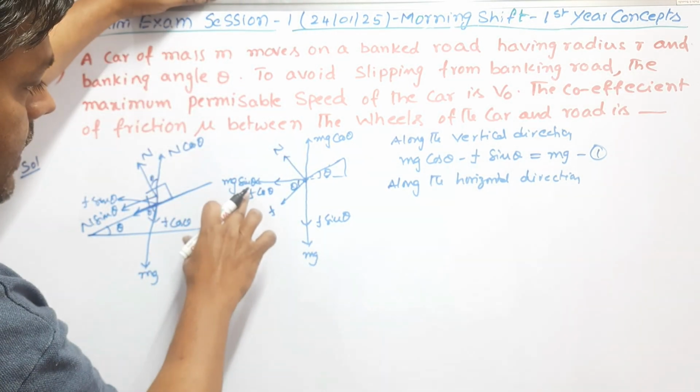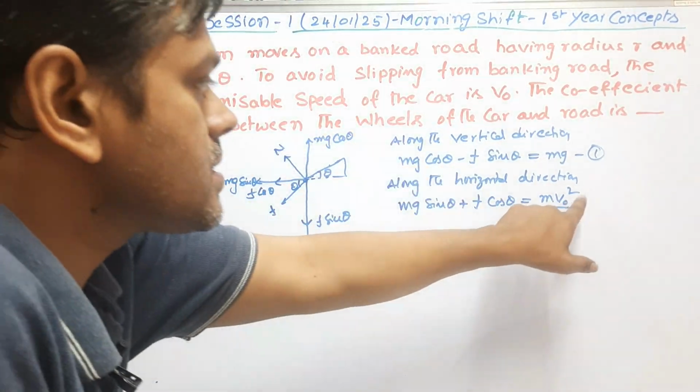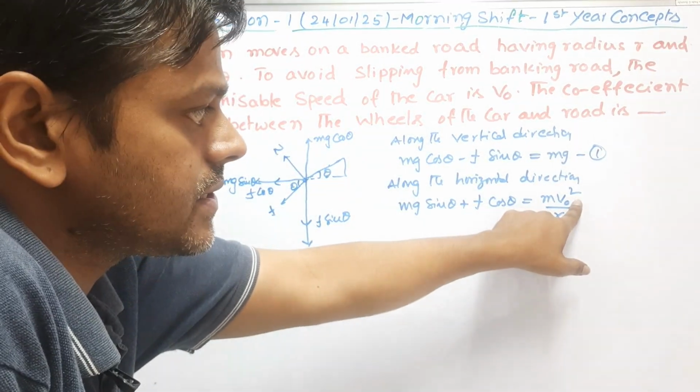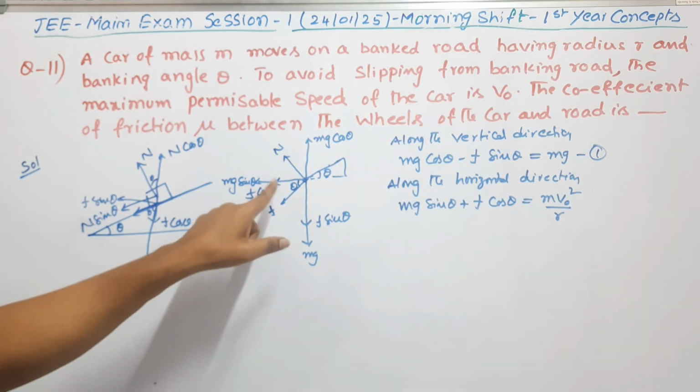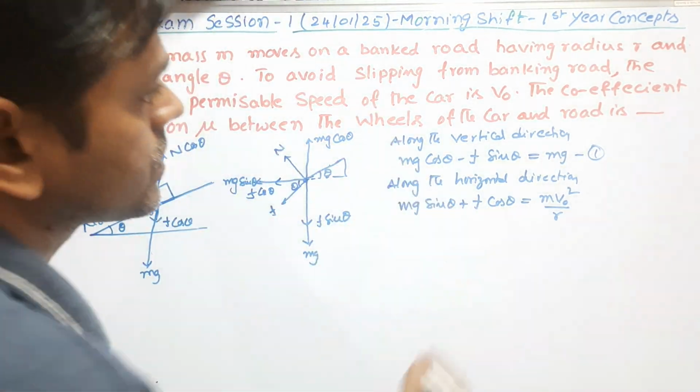So mg sin theta plus F cos theta equals m v0 squared by r. This is the safe velocity, with which slipping is avoided. This is equation 2. Now solve 1 by 2.